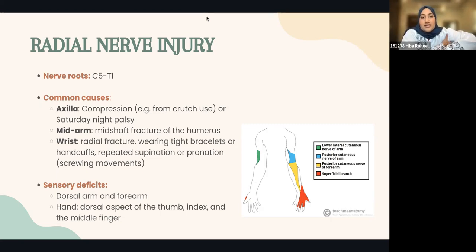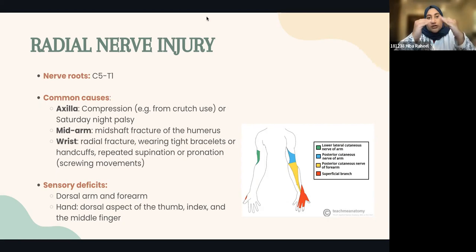In that case, the axilla gets compressed. It's called Saturday night palsy because it leads to a series of motor and sensory deficits, and it leads to compression of certain nerves. One of the nerves that is damaged in this process is your radial nerve, okay?